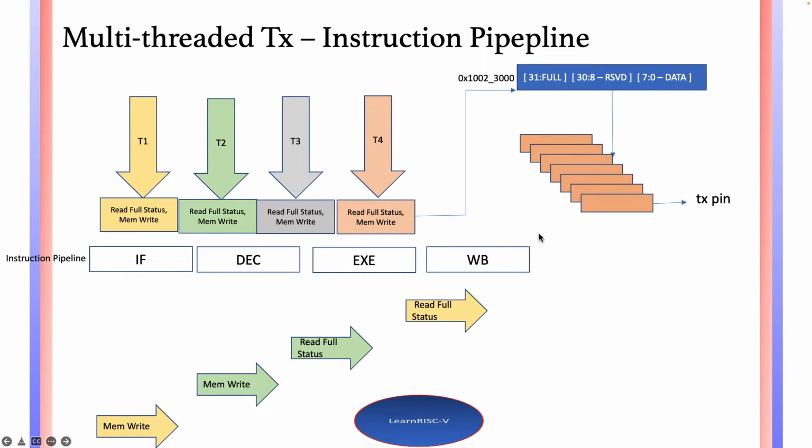This example is for the FE310 SoC. And this FIFO is also configurable. You can say that you want to use a FIFO length of just 1, or all the way up to 8, I guess. Yeah, you can configure that. So if you configure it as 2, then once there are 2 bytes enqueued, the FIFO status would show full. Okay, so now let's come back to these instructions being pushed into this pipeline.